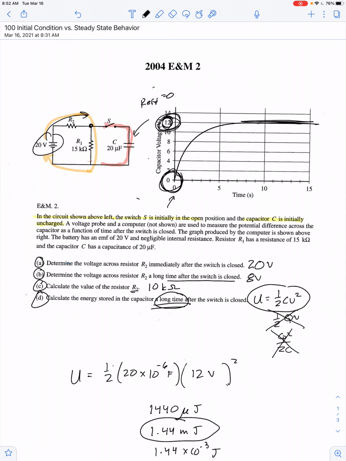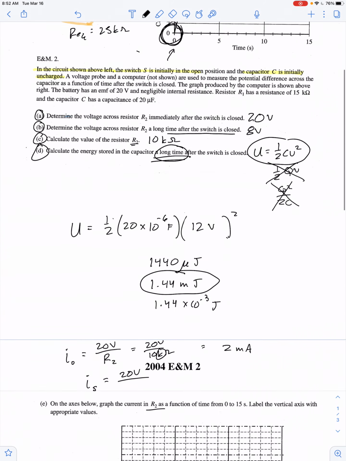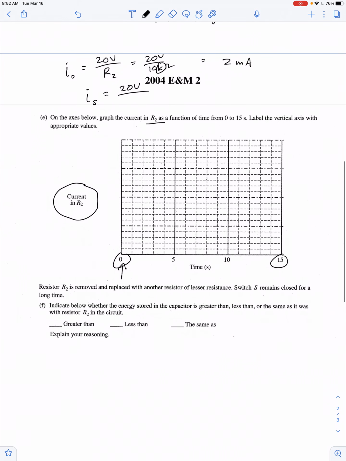So it's as if we just have these two resistors connected in series, which would have an equivalent resistance of 25 kiloohms. So if we divide 20 volts by 25 kiloohms, well, 20 over 25 is the same thing as 4/5. That would be 0.8 amps, but we're dividing by kilo, so I guess I mean 0.8 milliamps.